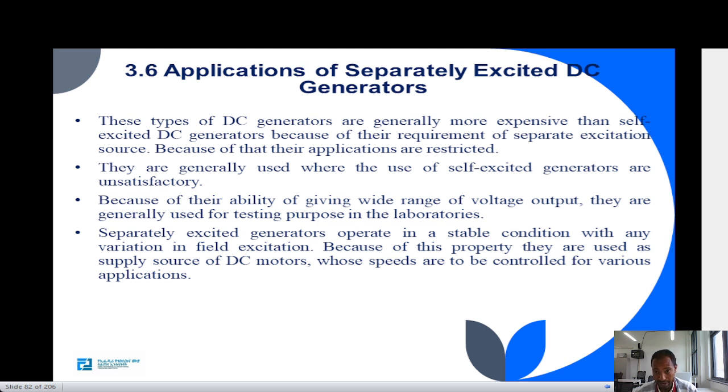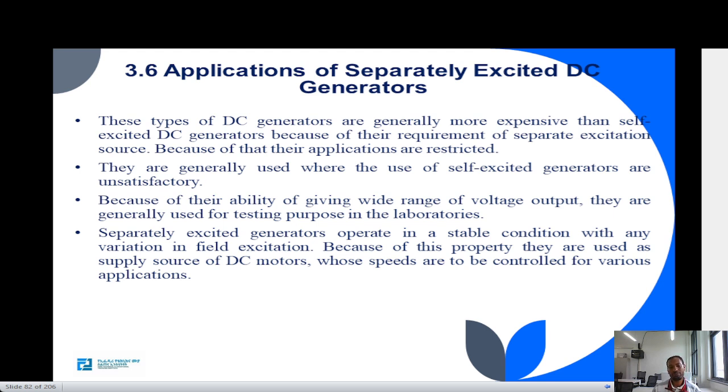Its cost is the separately excited generator plus one DC supply cost. Because of that, their applications are restricted. They are generally used where self-excited generators are unsatisfactory.